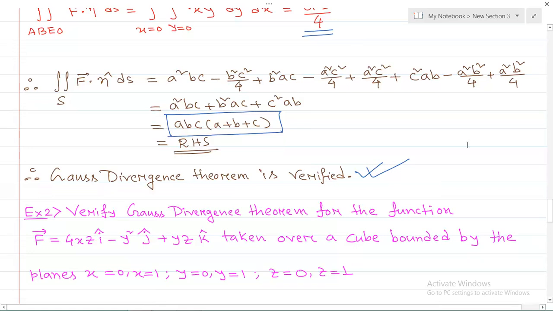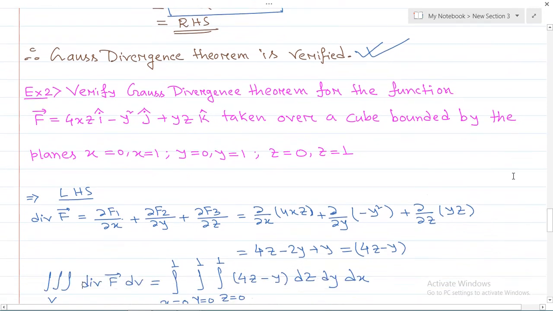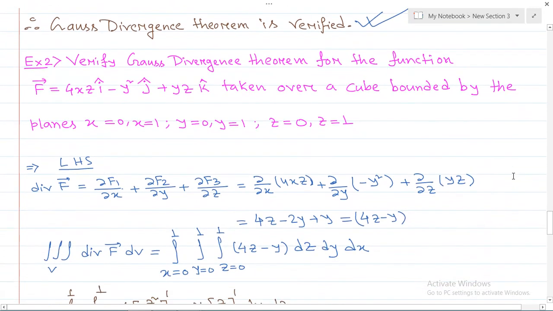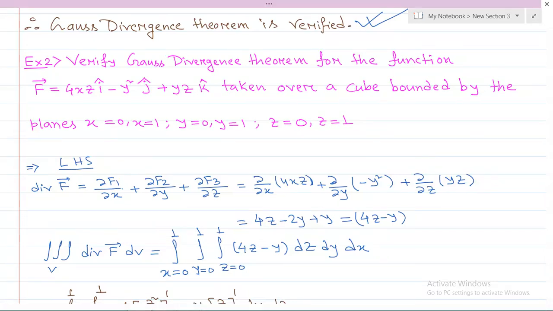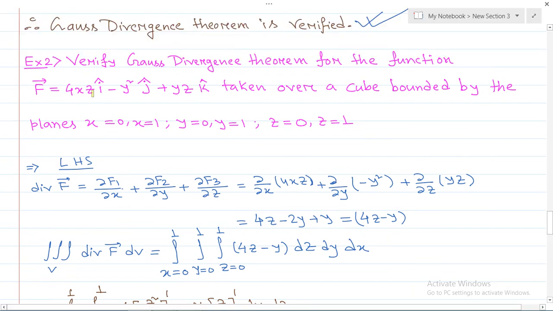Now let us quickly summarize and make some short notes about another problem of verifying the Gauss divergence theorem. We have one function here, f vector, a vector valued function, vector point function, 4xz i cap minus y square j cap plus yz k cap, taken over a cube.